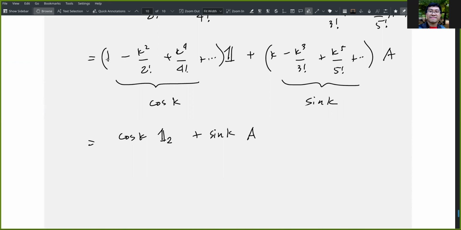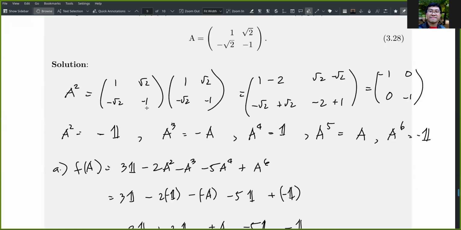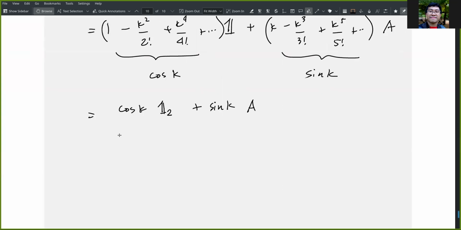Let me write it here. But in this problem, all identity matrices are identity matrices of dimension 2, two-dimensional identity matrices.